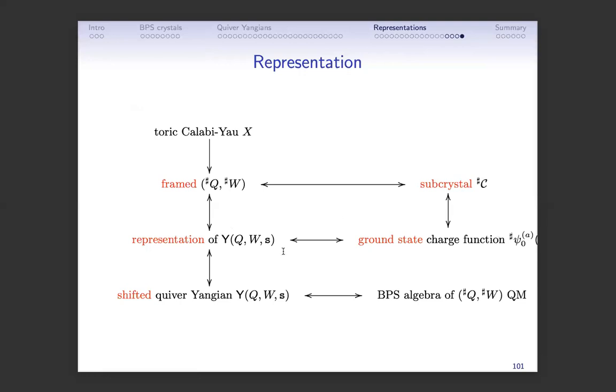This representation also changes the mode expansion, which enters inside this definition of the quiver Yangian as a shift. Then they correspond to this framed quiver and to the BPS algebra of the quiver quantum mechanics with this framed quiver and superpotential.